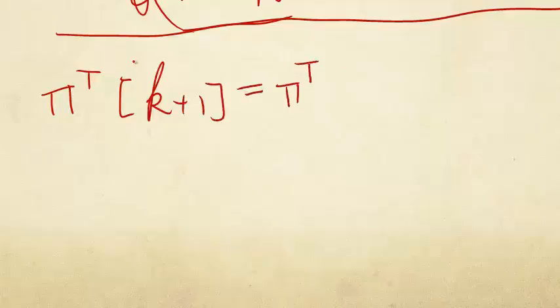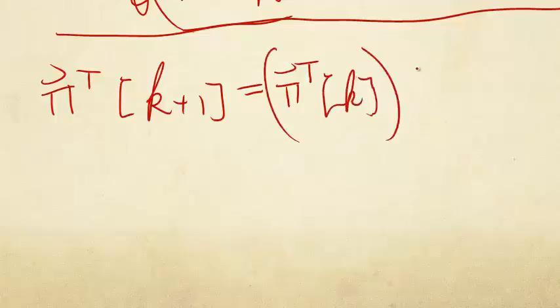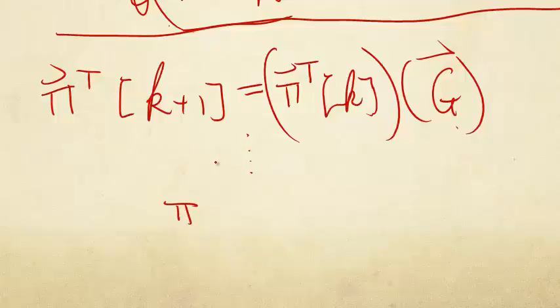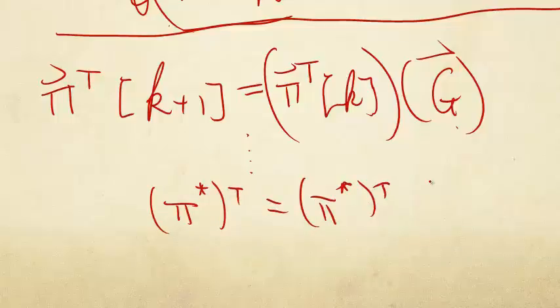Pi transpose at time k plus 1 is simply the last iteration's pi transpose, all these are vectors at iteration k, multiplied on the right, not by the H matrix anymore, we've got two modifications we needed, by matrix G. And let k keep on going, and you are now actually guaranteed to converge from any initialization pi vector to the equilibrium: pi star transpose equals pi star transpose times the G matrix.